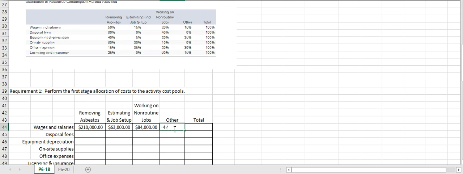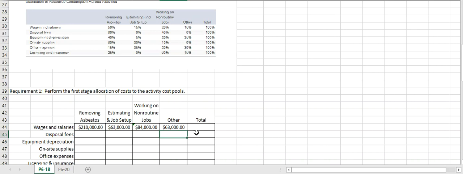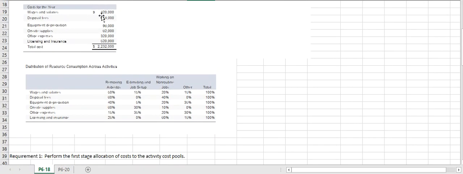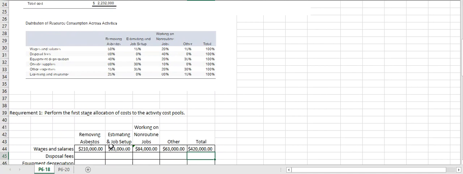Oops, $420,000 times 0.15. All right, then my total would be the sum of all those. It's $420,000, and this amount should match the total amount that we spent up here, because this is the total wages and salaries. We're just breaking it up across each activity.